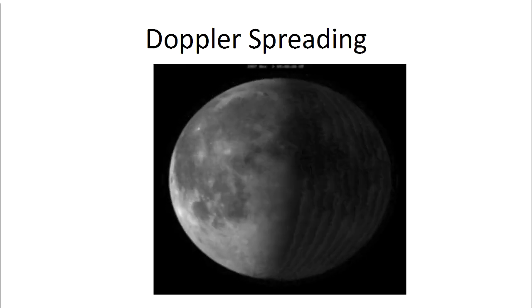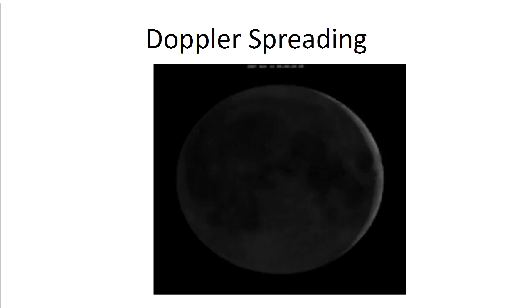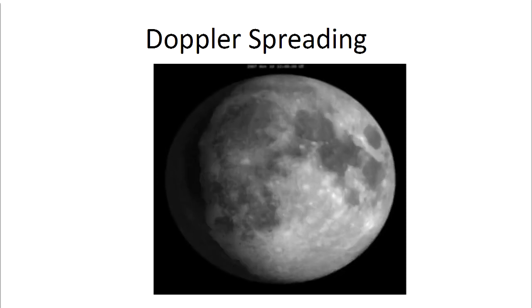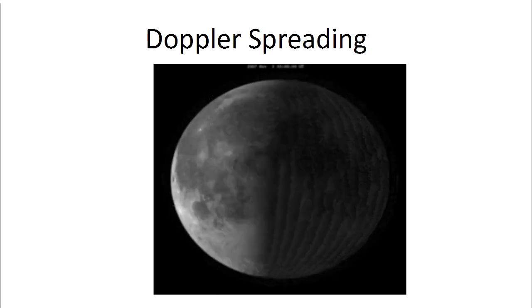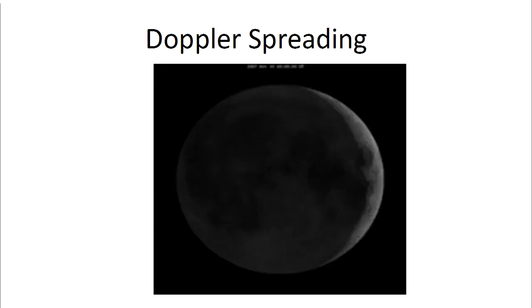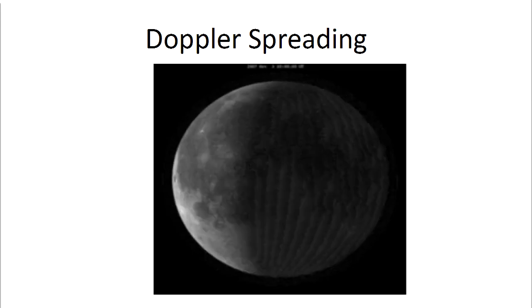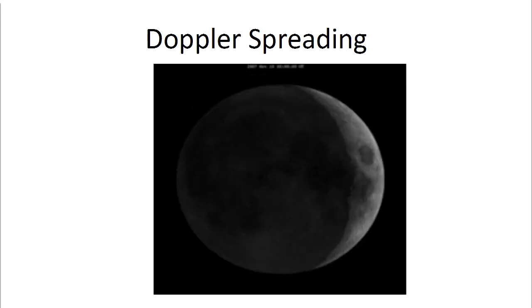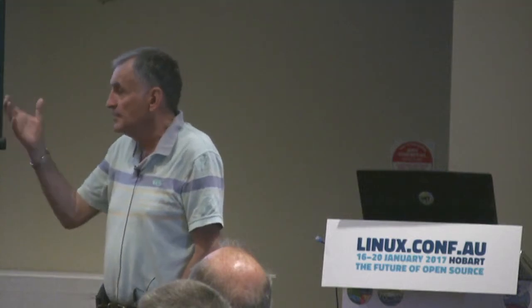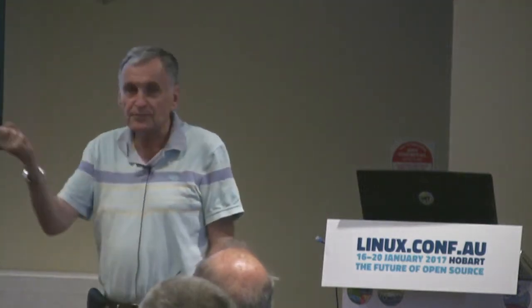Now, this is what the moon looks like if you were at the centre of the Earth over a monthly lunar cycle. Now, you can see the moon's wobbling around, and that's because the moon's pear-shaped and the bulbous part of the pear is pointing towards the Earth.